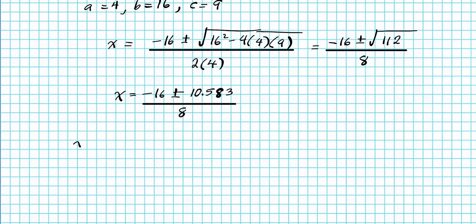So the first one is going to be the negative one. So we're going to go negative 16 minus 10.583 divided by 8. That will give us the first root. And then we are going to evaluate negative 16 plus 10.583 over 8.